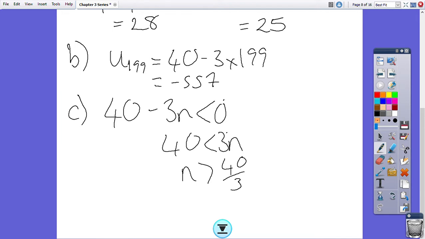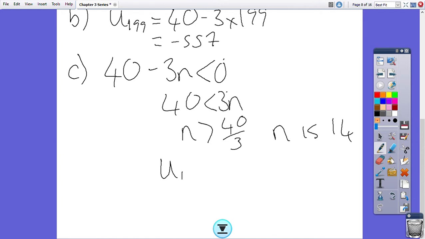Looking at the first number where this happens, that is going to be, well, 13 and a third, so it's going to be 14, so n is 14. So we've got u14 is 40 minus 3 times 14, which is minus 2.